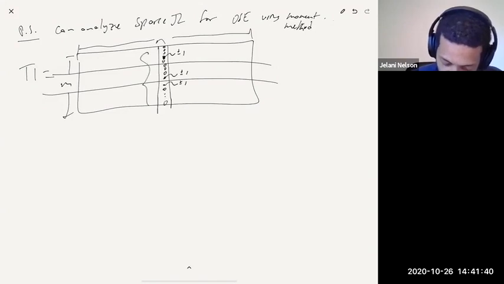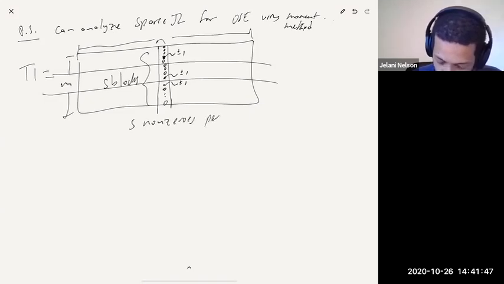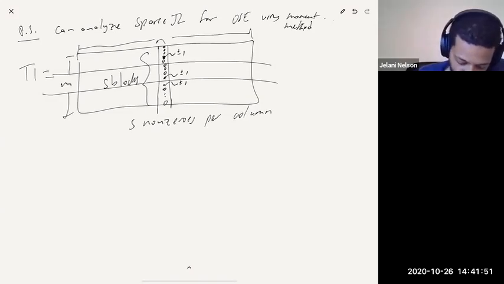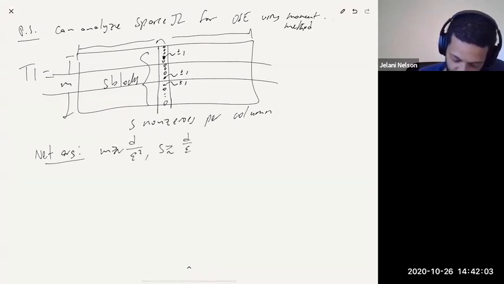And you have S blocks, so S non-zeros per column. So a net argument would say, pick M to be D over epsilon squared, S to be at least D over epsilon.